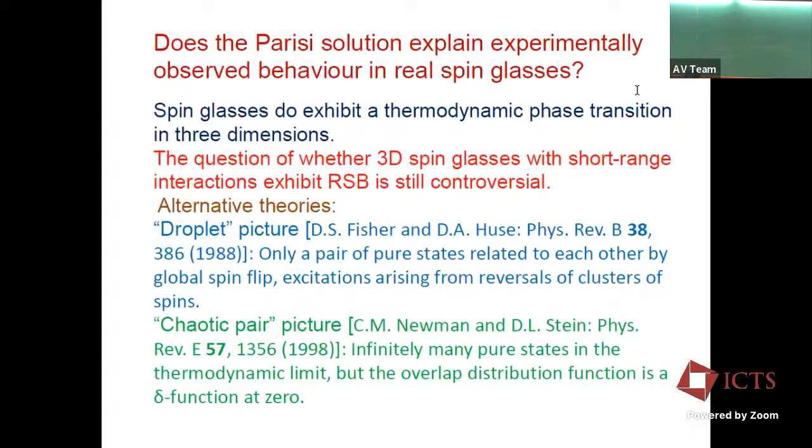So the picture is that you have this whole system. Let's say here you have one of these clusters that one is talking about, with some size.